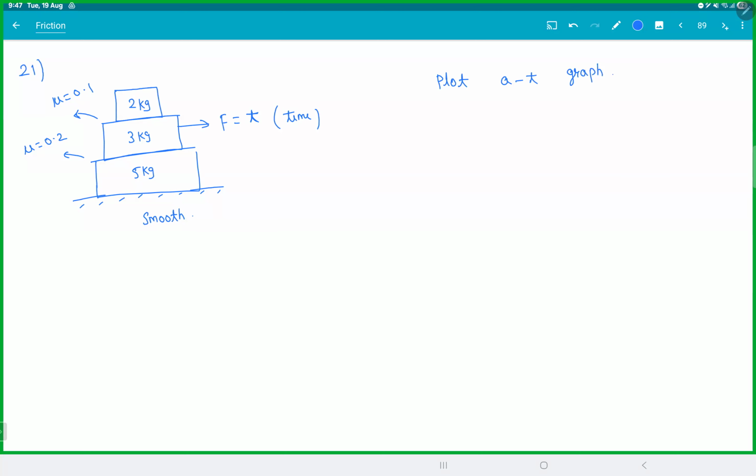This time you have 3 blocks. Try, think for 2 minutes, then I'll show you how to handle this. This will be a little different than the 2 blocks.